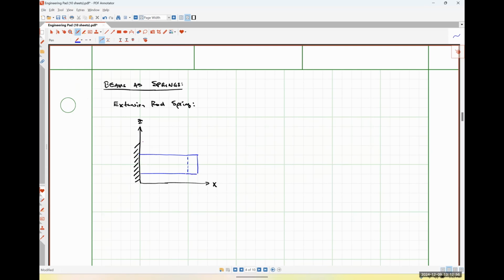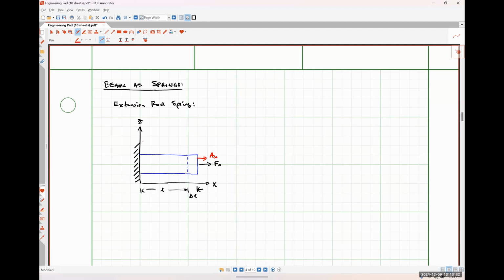And I am greatly exaggerating the length of this spring getting longer, right? So we could consider this dimension as our nominal length L, this dimension right here as our change in length due to some applied force f of x. And once again, I'm just going to denote my cross-sectional area a of x here.